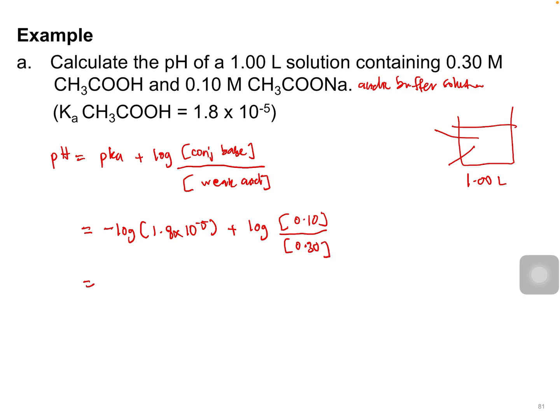Okay, if you calculate, the value will give you 4.27 kan. So this question is 2 significant figures, 4.3. Okay, so this is how you calculate the acidic buffer solution pH.